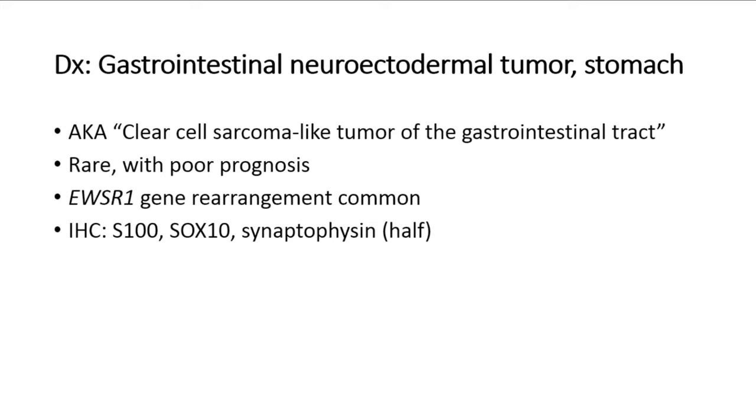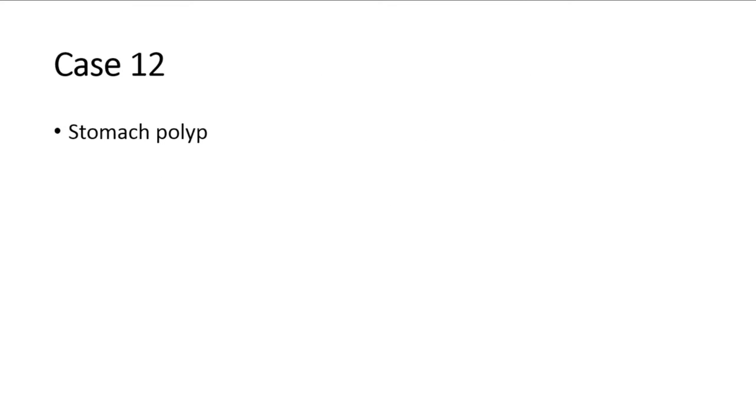Rare, poor prognosis, has that gene rearrangement, which can help you confirm that it's not a melanoma with the S100 and SOX10 positivity, although synapto would, of course, be weird for a melanoma, but only about half of these are going to end up having neuroendocrine marker positivity. So that is a helpful pairing of immunostains. So that's GNET of the stomach.